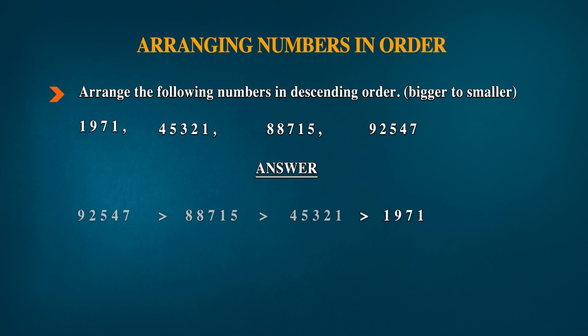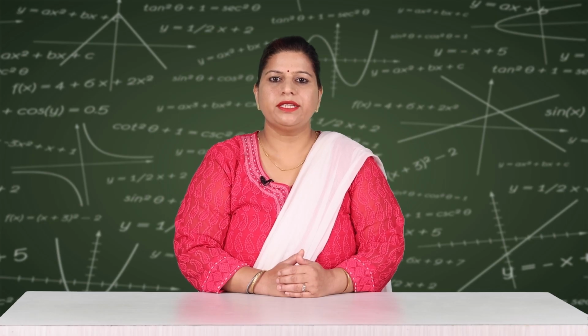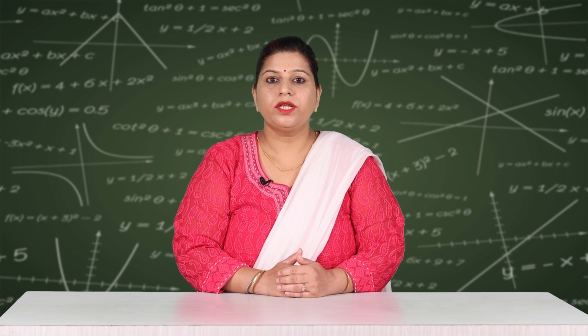So, the correct descending order will be 92547 is greater than 88715 is greater than 45321, which in turn is greater than 1971. So, we have seen how the given numbers are arranged in ascending order. We have also seen how the numbers are arranged in descending order.